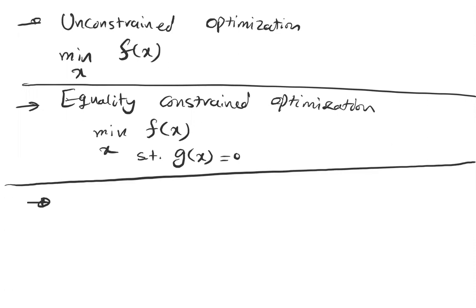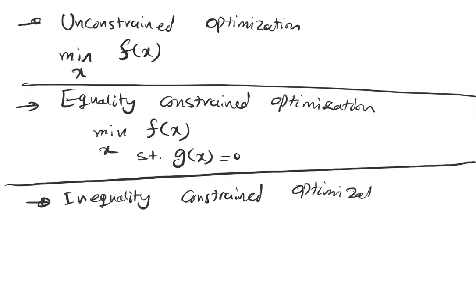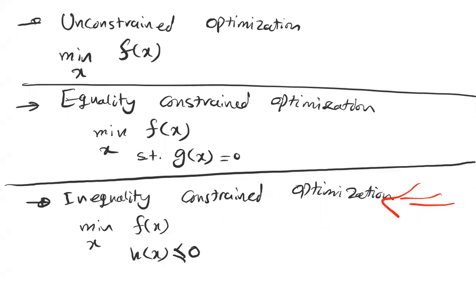After this, in this lecture, we are going to talk about inequality constraint optimization, which is minimizing a function whose variables are x subject to a set of inequality constraints. So the first step to solve the inequality constraint optimization problem is to formulate the Lagrange function.